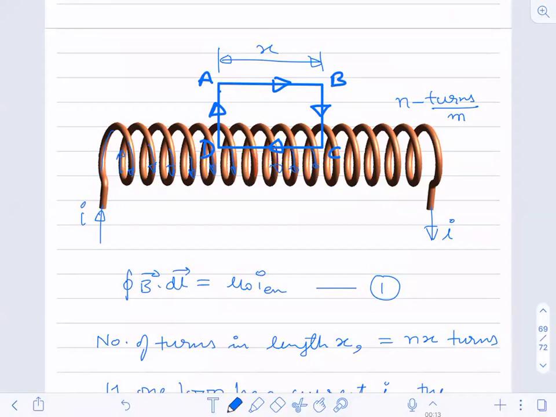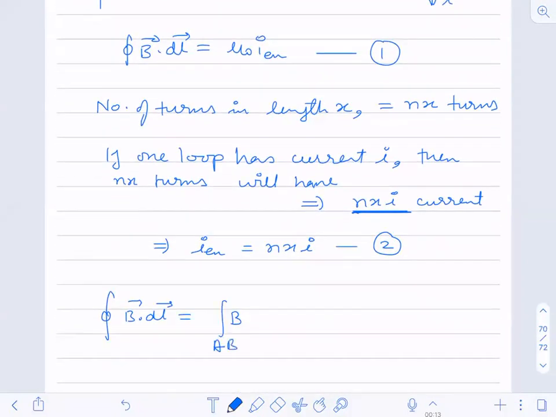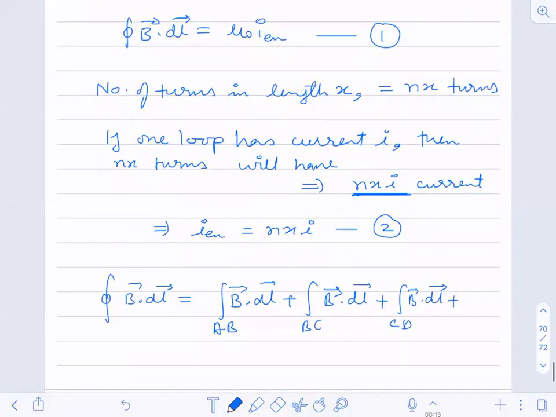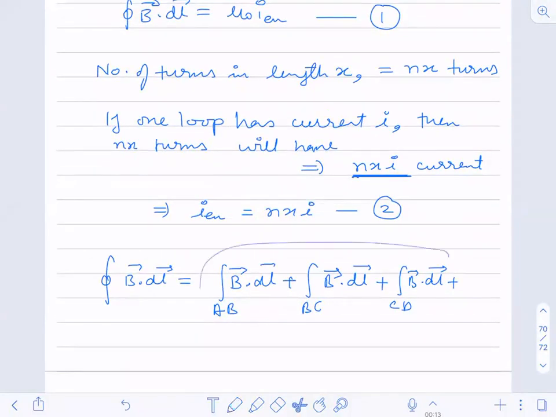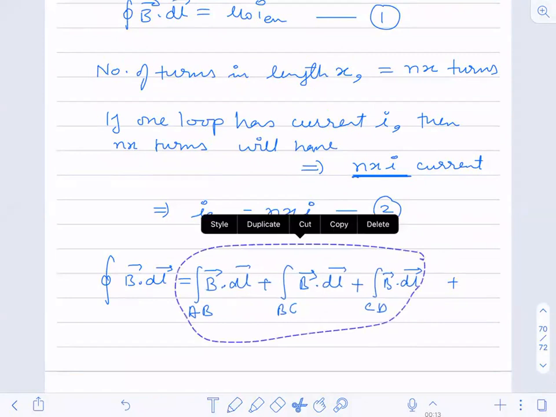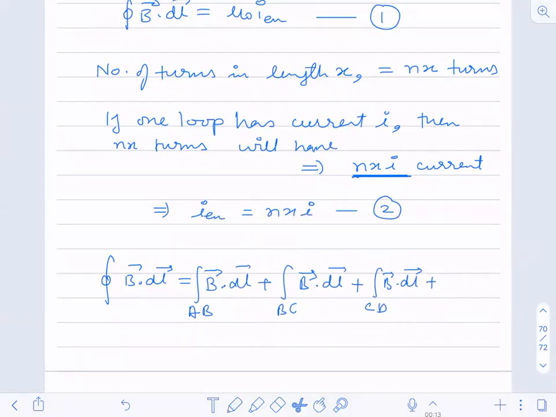It will be written for AB: integral of B dot dl for AB, plus integral of B dot dl for BC, plus integral of B dot dl for CD, plus integral of B dot dl for DA. Fine.